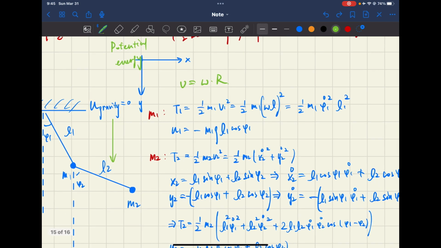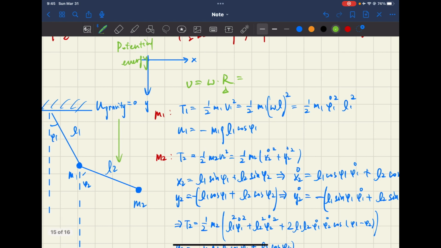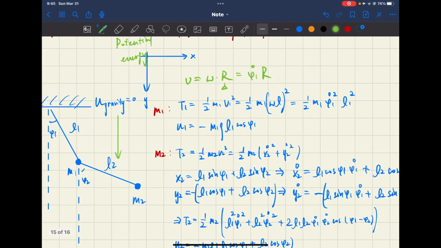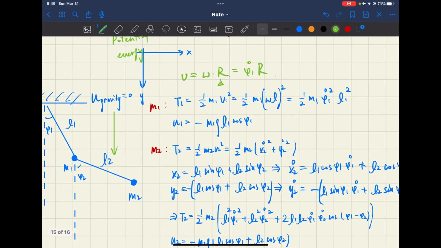So we already know the radius of the motion, and the angular velocity we can get from taking the first order derivative of the hanging angle. So we don't have to put it in the coordinates to get its velocity. We put its value into the formula of kinetic energy, and then we get this.